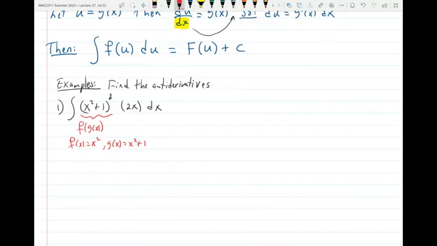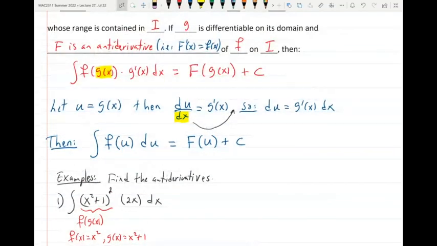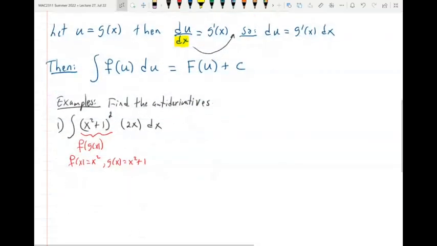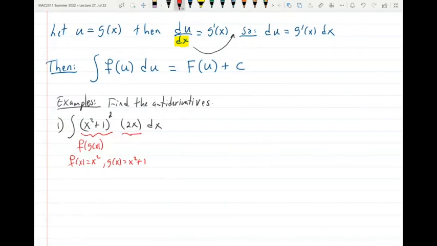This is the inside function. That's a good sign. Then the next thing is, what do we need to have outside? Look at the formula. We need to have a g prime. So do we have a g prime? Well, yes. If that's my g, then we exactly have g prime here outside. So this nicely fits the pattern of the formula we have above.